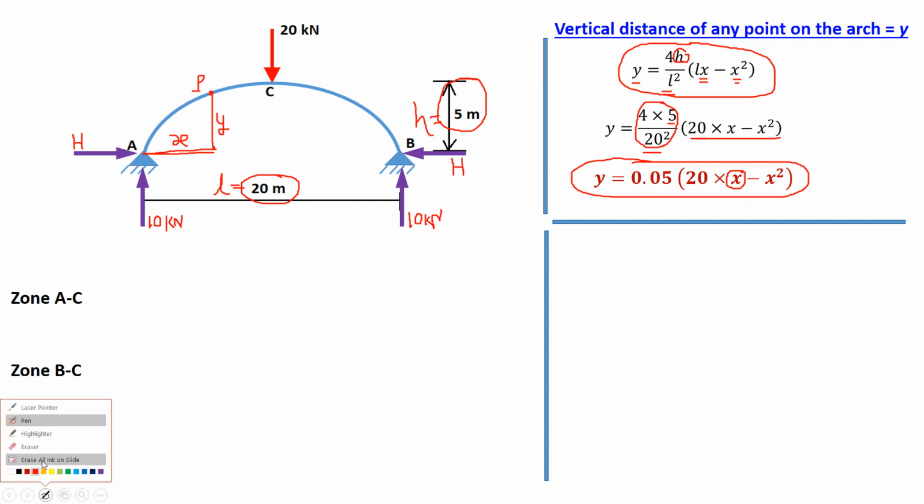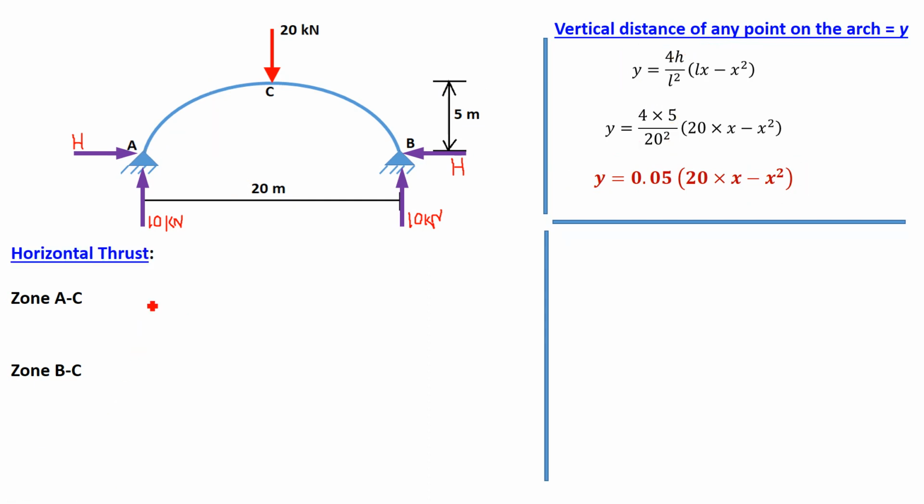Now to find the horizontal thrust, we have to divide this arch into two sections. If you draw a vertical line from the crown, this is the left section and this is the right section, or you can say this is zone A to C and this is zone B to C. There are two zones, left of the point load and right of the point load.